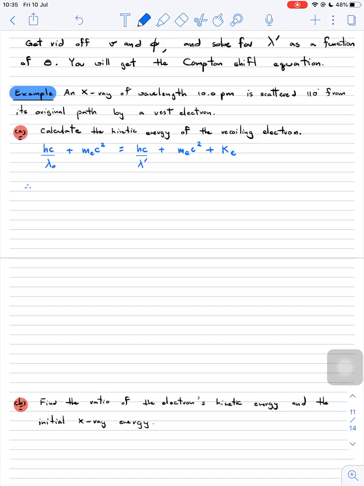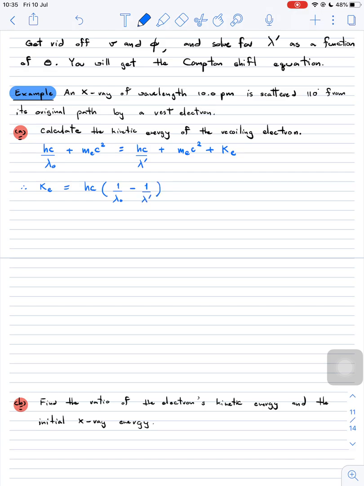So then we can get that the kinetic energy of the electron is equal to, so the rest energy just cancels out, hc times 1 over lambda naught minus 1 over lambda prime.